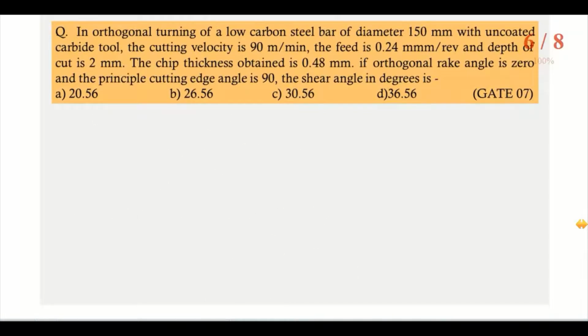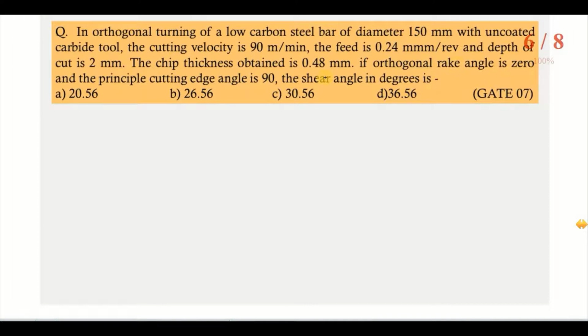In the next numerical, which is given as: in orthogonal turning of a low carbon steel bar of diameter 150 mm with uncoated carbide tool, the cutting velocity is 90 meter per minute, feed is 0.24 mm per revolution and depth of cut is 2 mm. The chip thickness obtained is 0.48 mm.